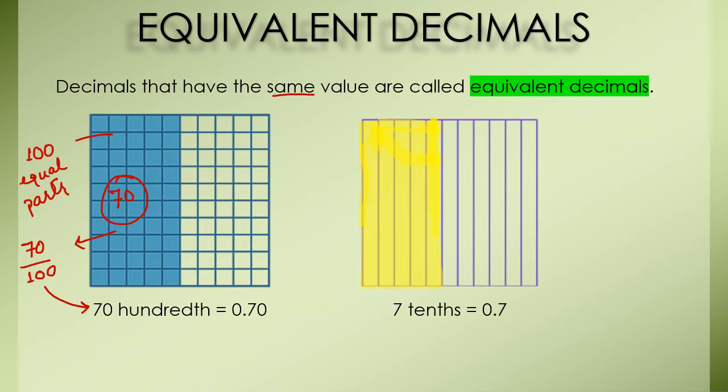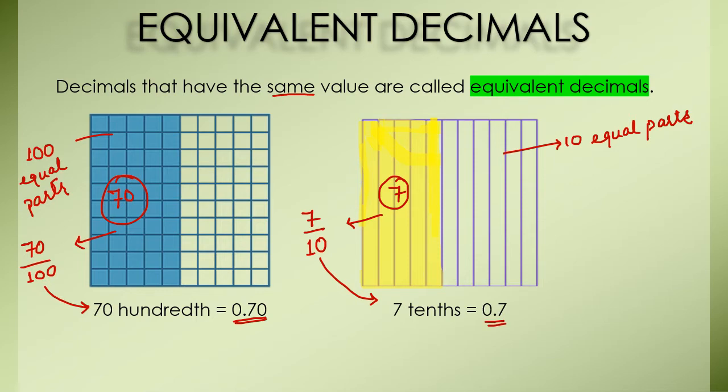So this 70 hundredths is equal to 0.70 in decimal form. Now take one whole and divide it into 10 equal parts. Take 7 parts out of 10. So the fraction for this number will be 7 upon 10 or 7/10, which will be equal to 0.7.